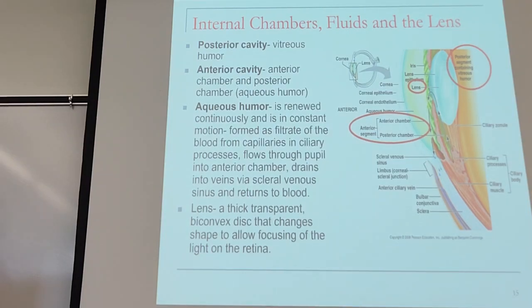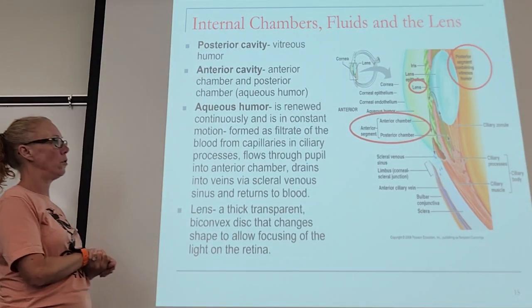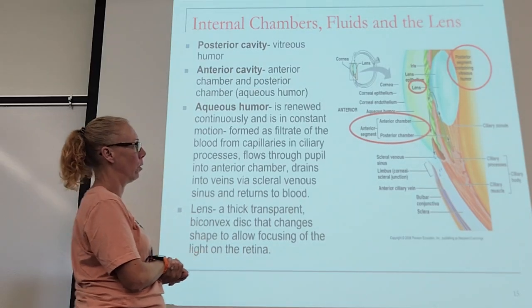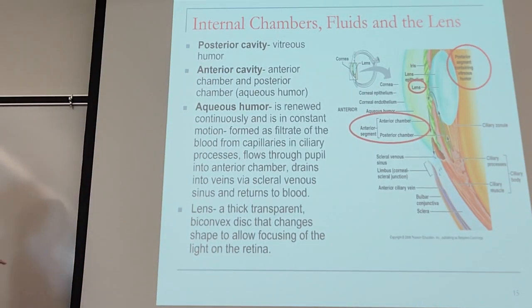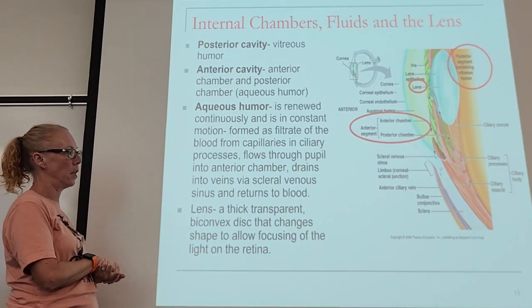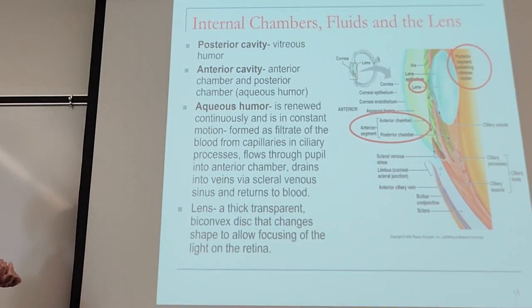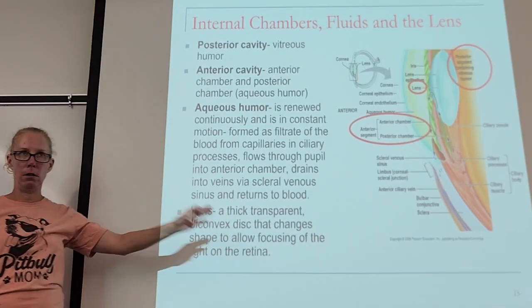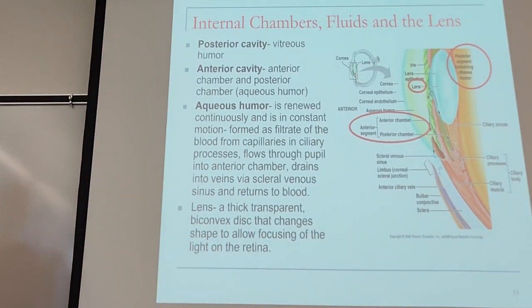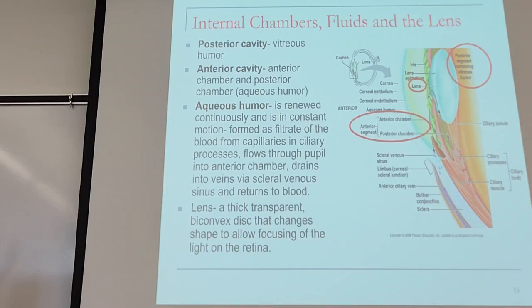Okay. Anterior cavity is different. Within the two chambers, we have aqueous humor, which is constantly being produced as a derivative of your bloodstream. And it's going to be drained by those venous sinuses that I talked about. The lens, again, a disc. You guys were able to appreciate the shape in the cow eye dissection, okay?